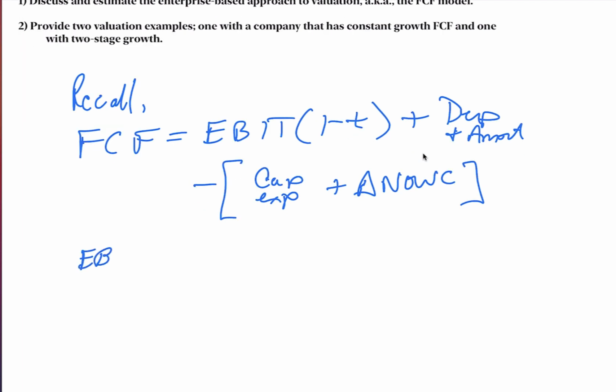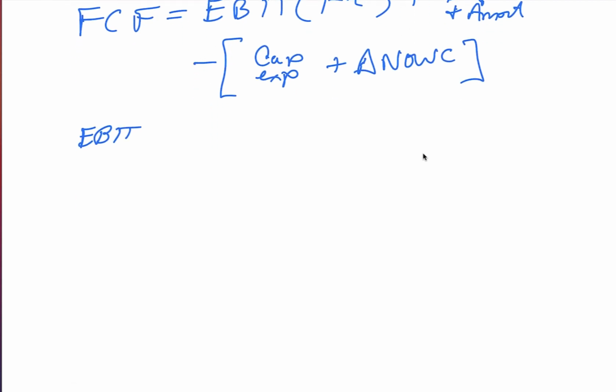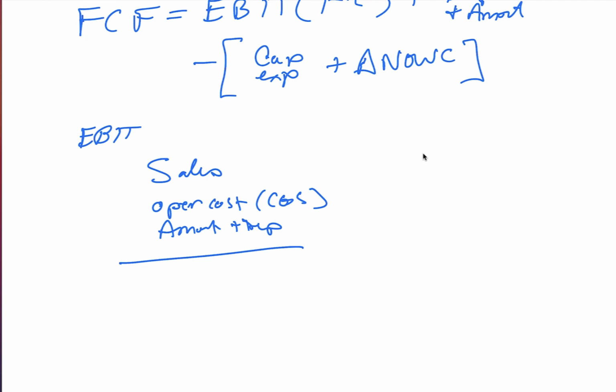Earnings before interest and taxes. Let me refresh your memory here. Let's just go right to an income statement. You have sales, you have operating costs, including cost of goods sold, and you have amortization and depreciation, which is a non-cash expense. So those are expenses, so we subtract that out, and we get earnings before interest and taxes.